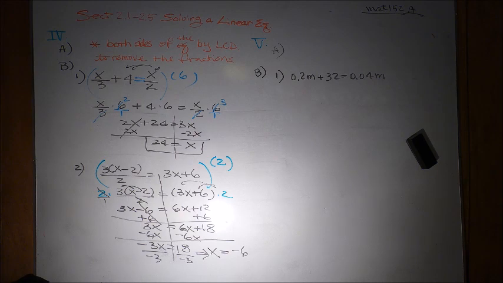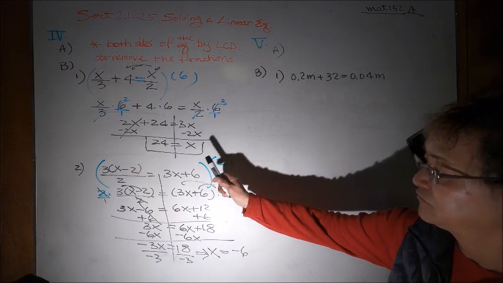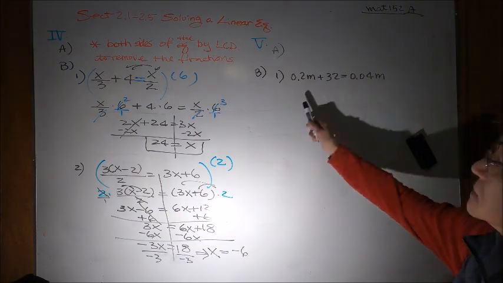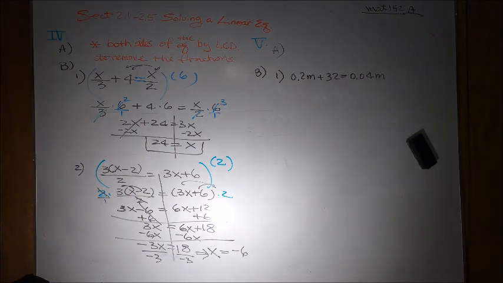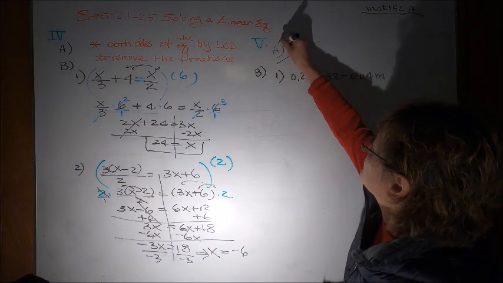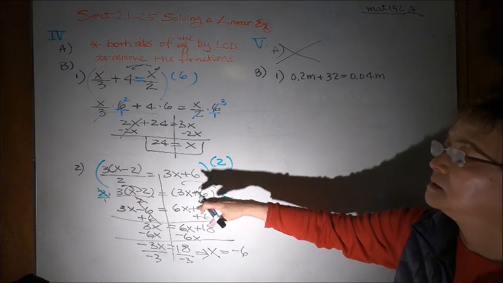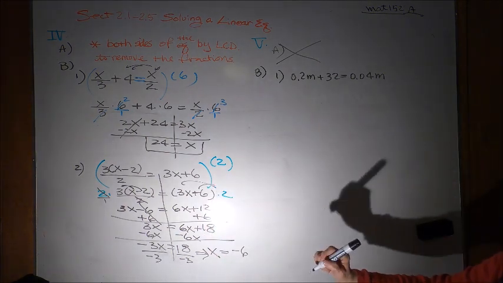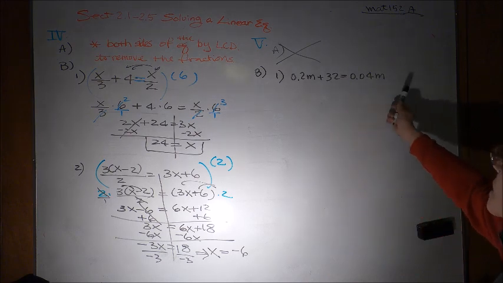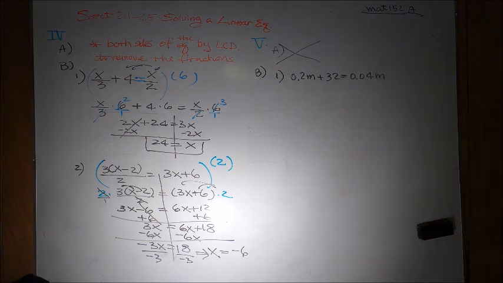What do we have now? Instead of fractions, we have what? Decimals. Don't worry about the method. We just do it directly. Instead of getting rid of fractions or getting rid of decimals, we just do it directly.